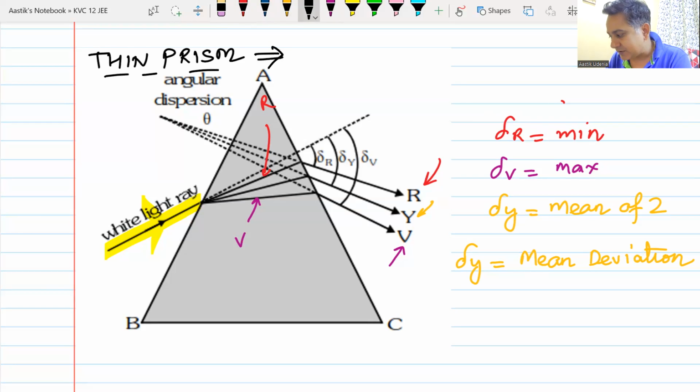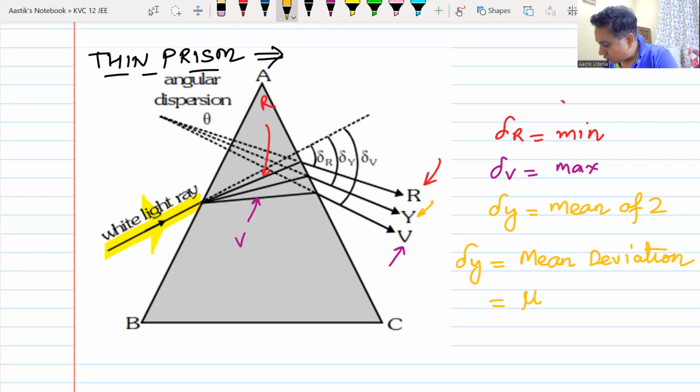Now, going back to the last class, for a thin prism, what will be the formula for delta y, the deviation of y, the mean deviation? Mu minus 1 into A. Mu of what?